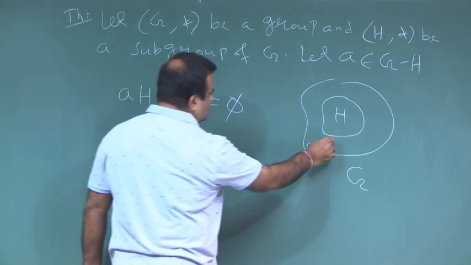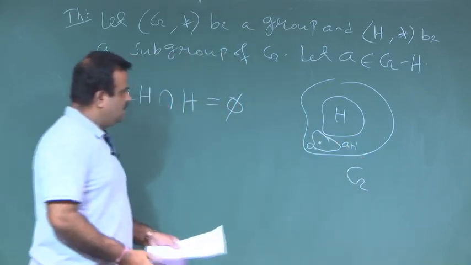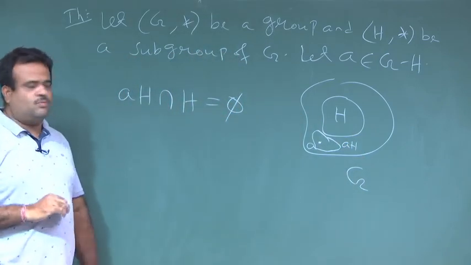That means they have no common point. So, they are disjoint, and we want to prove that.